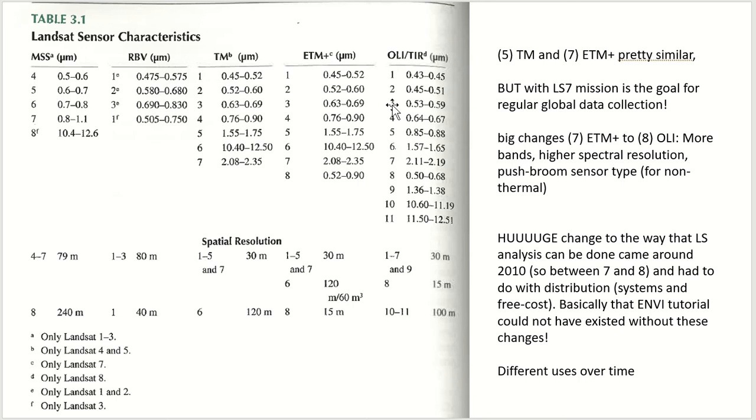Band 3 in OLI corresponds to band 2 in ETM+ and TM, and so on. A little bit different. Even the panchromatic is shifted a bit. I believe it still has the same width, so 0.38.